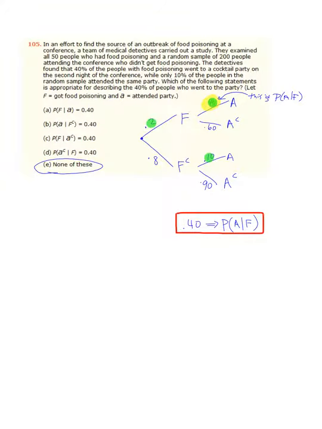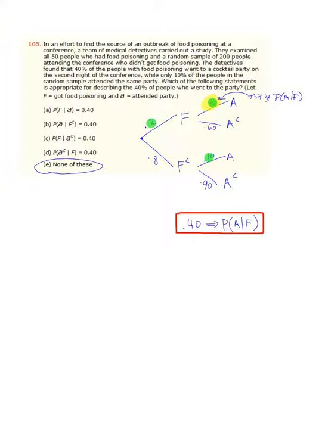Next multiple choice. When I read a paragraph like this and I see something about a sequence of events, first whether or not a person has food poisoning, and then whether or not they attended the party, you look at the probabilities described in the paragraph and translate them to the tree.